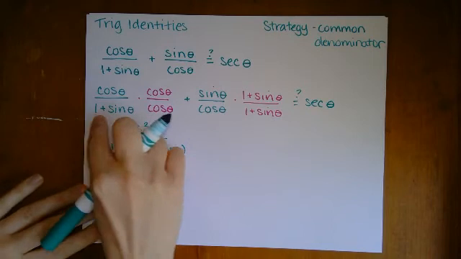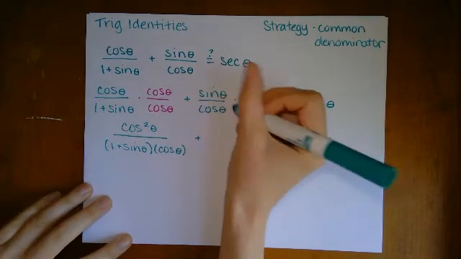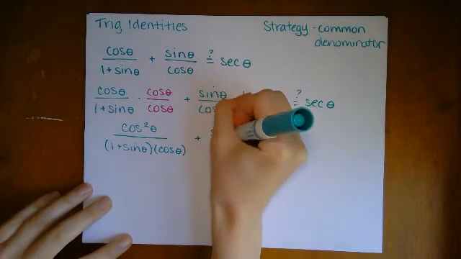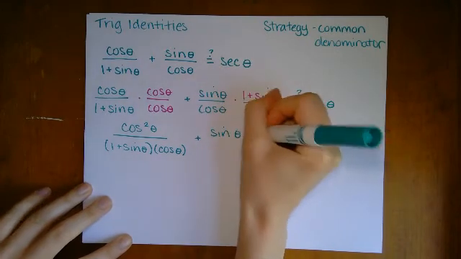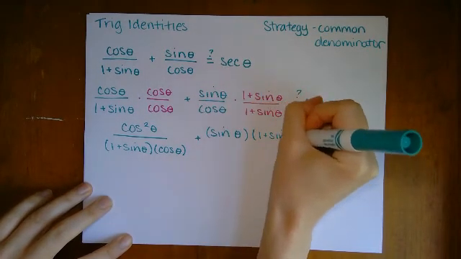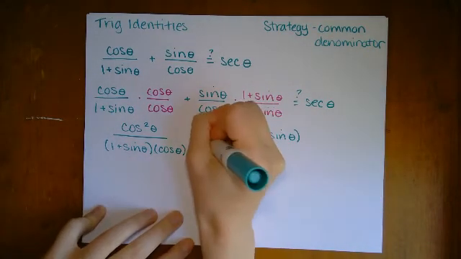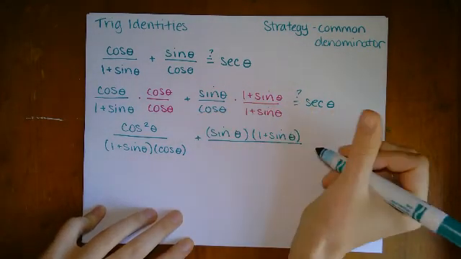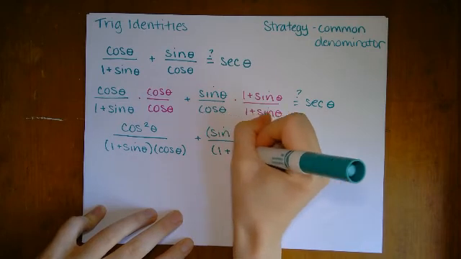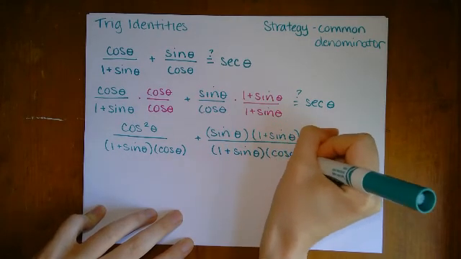But cosine is multiplying this whole denominator, so the parentheses are extremely important here. Same over here, we'll have sine theta times 1 plus sine theta. So again, super important that we have the parentheses. And the denominator, which will be 1 plus sine theta times cosine theta.